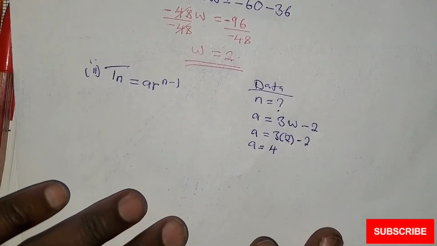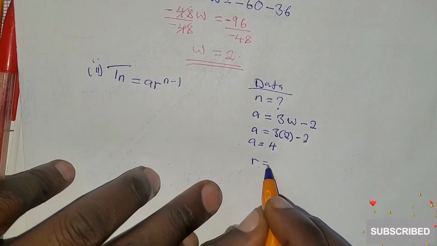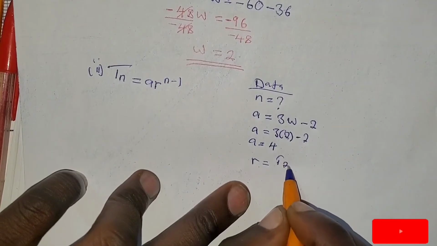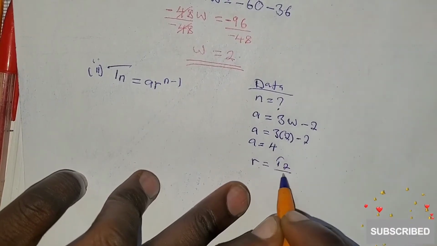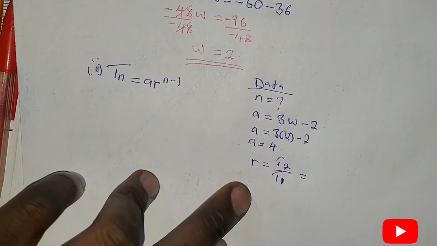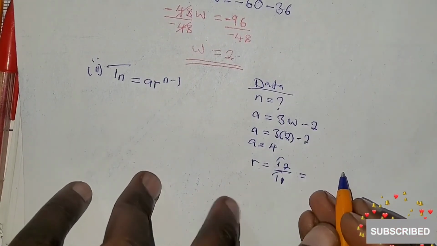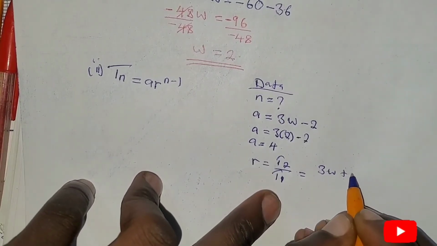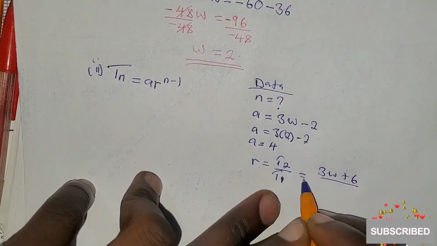Nice. Now, R is the common ratio, which is calculated as what? T2 divided by T1. Okay. Now, what is the second term? The second term is an expression which is 3W plus 6, over what is the first term?